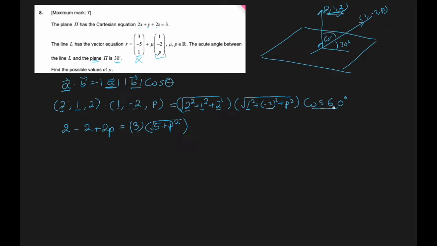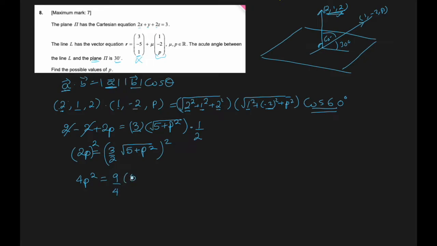For cos 60, you should know that the value of cos 60 is half. Okay, 2 and minus 2 cancel. 2P is equal to 3 over 2 times square root of 5 plus P squared, and now we can find P by squaring both sides. So we get 4P squared on the left. This will be 9 over 4.